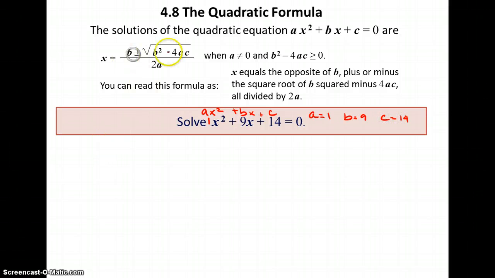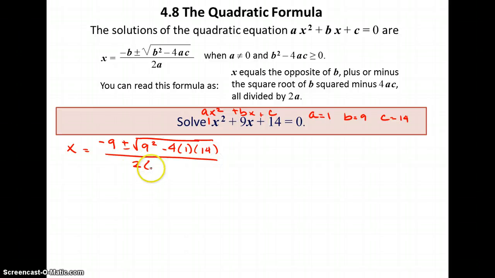Plugging directly into this formula, x is equal to negative 9 plus or minus the square root of 9 squared minus 4 times 1 times c, which is 14, all divided by 2a, which is 1.